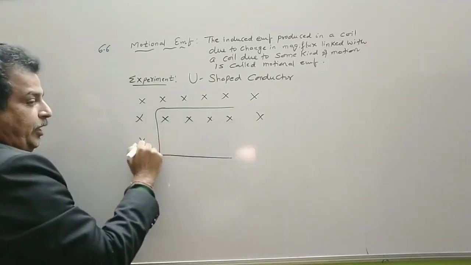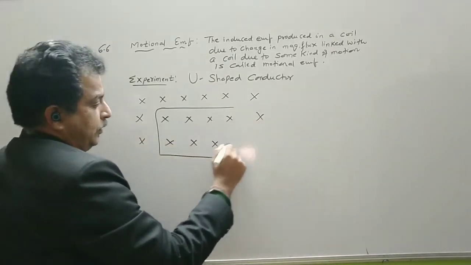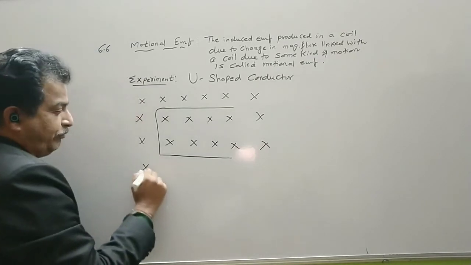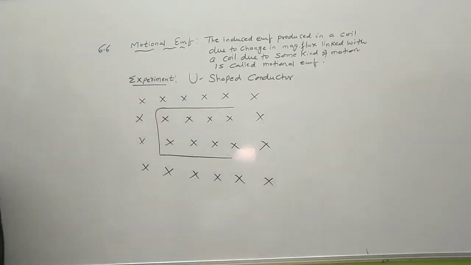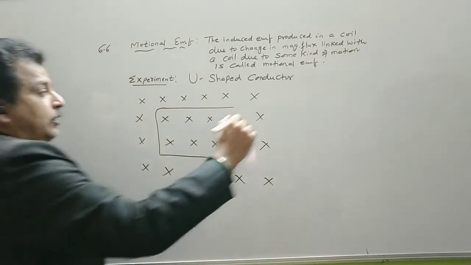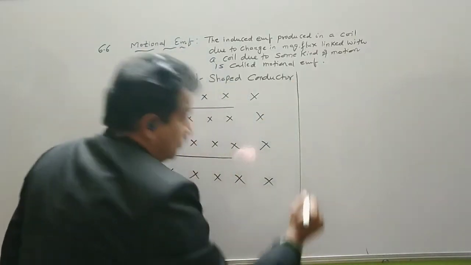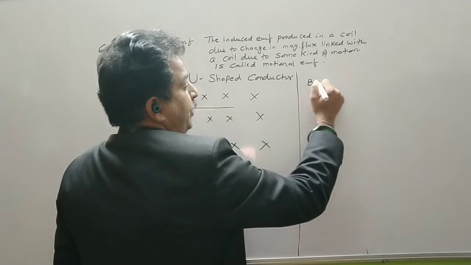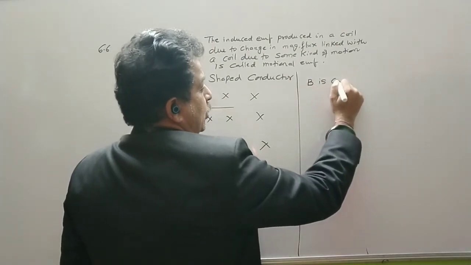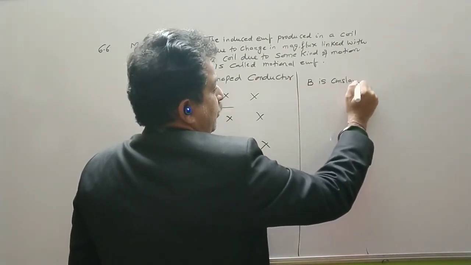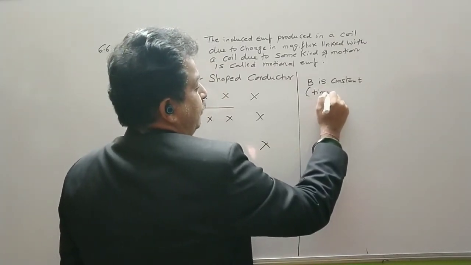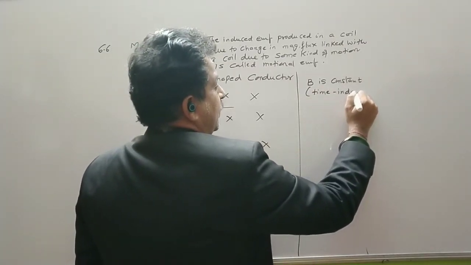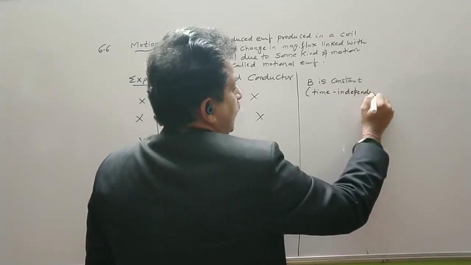The magnetic field is assumed to be going into the plane of the paper. The magnetic field is time independent, you see the assumptions. B is constant, that is time independent.